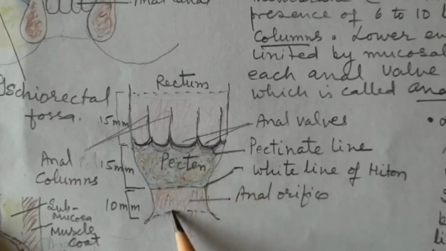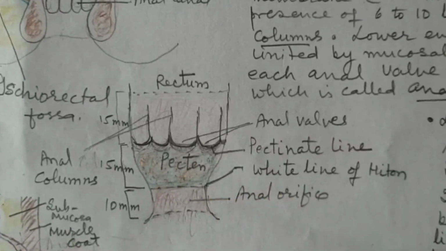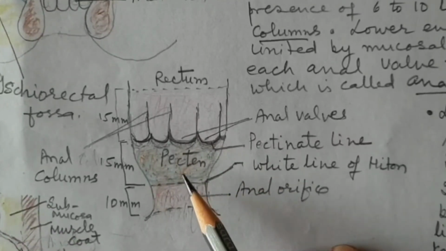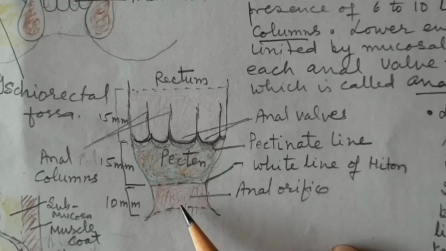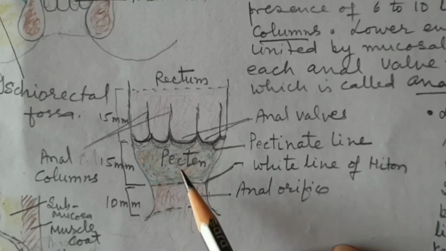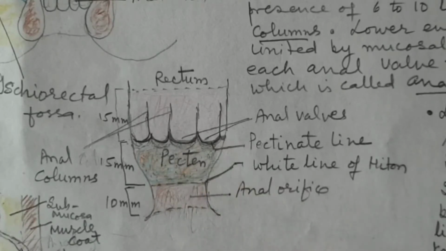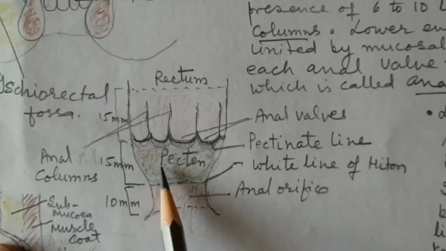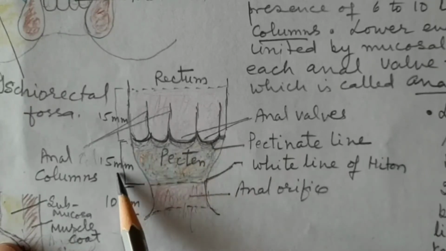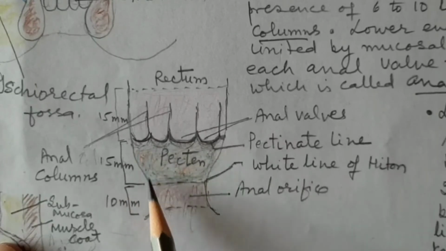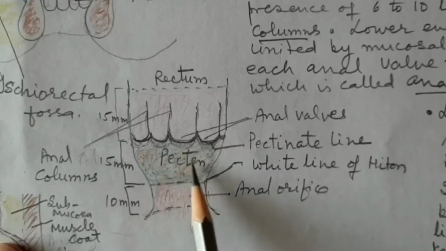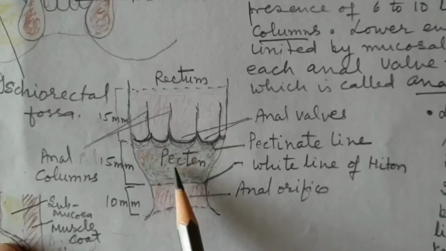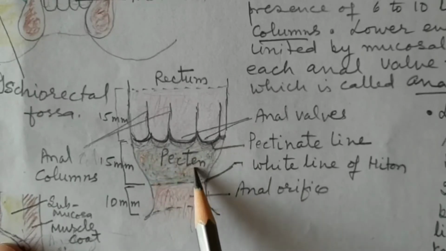So we are on the lower part, which is below the pectinate line, and it is divided into an upper region and a lower region. The upper region of this lower part is 15 millimeter in length, and this region is called the pecten, P-E-C-T-E-N.